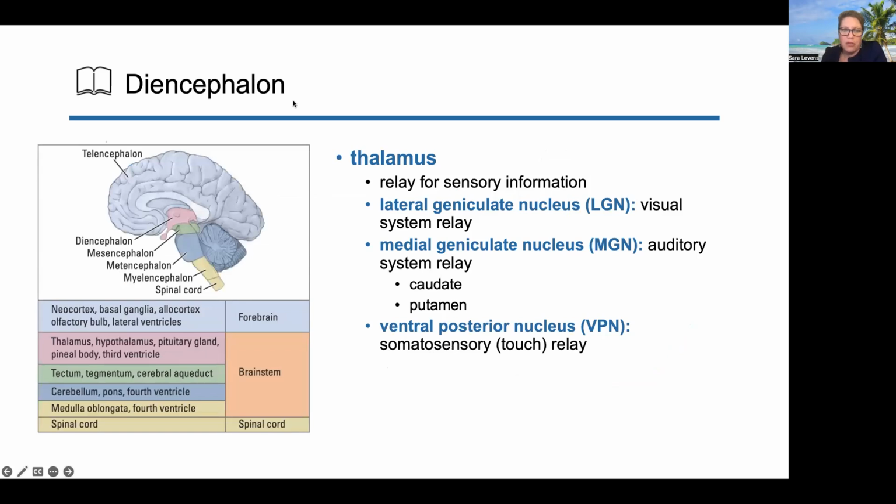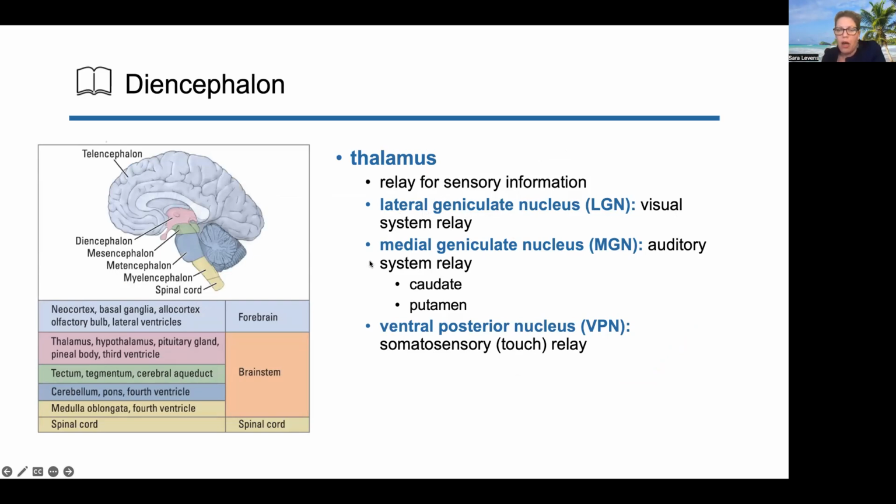Next, when we're heading into the diencephalon, we have the thalamus. This is critical for the relay of sensory information. It includes the lateral geniculate nucleus for the visual system relay, meaning that the visual information travels through this lateral geniculate nucleus, as we'll learn about later.